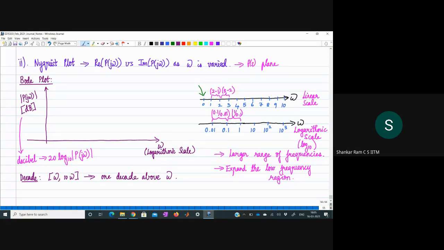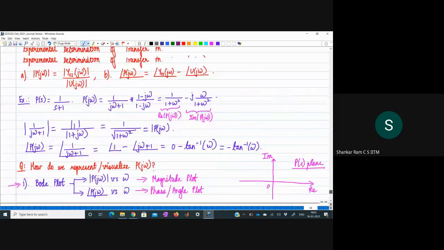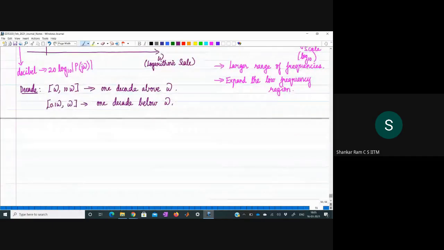Decade means you multiply by a factor of 10. On the other hand, if we consider the range 0.1 omega to omega, we are essentially dealing with a frequency range which is 1 decade below omega. Okay, so that is an alternative or a complementary range, right? I hope it is clear what is meant by a decade of frequency, right?